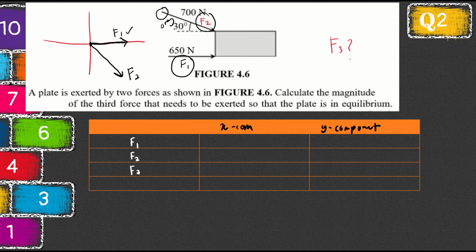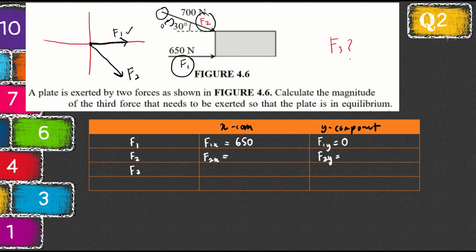As usual, we have F1X and F1Y. F1X is equal to F1, so it is equal to 650 Newton. F1Y is equal to 0. And then we have F2X and F2Y.